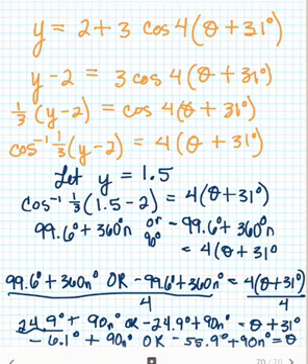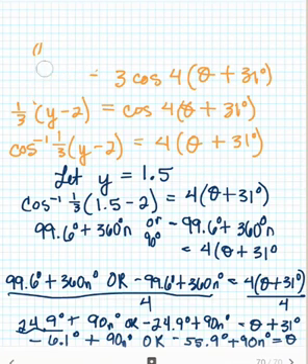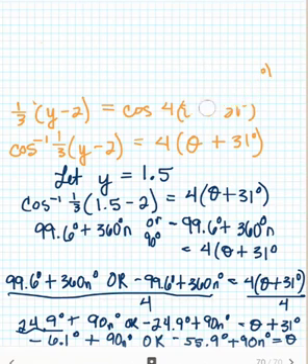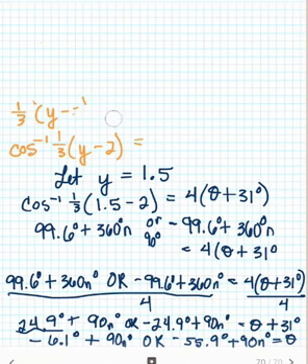All right, now what did they ask you? Find the first 3 positive values of theta. So now I'm just going to find the first 3 positive values of theta. So theta is going to either equal one or the other. I'm going to let n be some possibilities here, okay? Let me get rid of all this because I don't have room and I don't want to rewrite all of that.